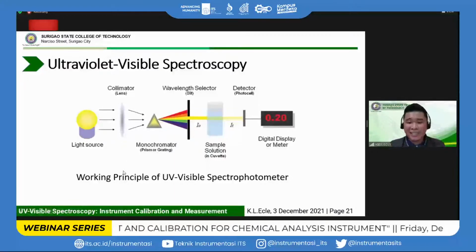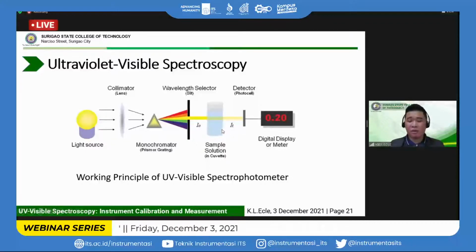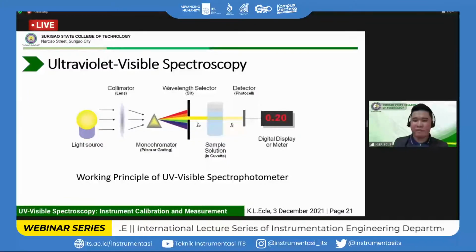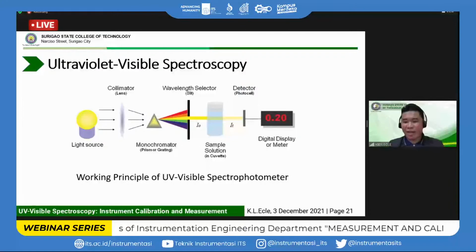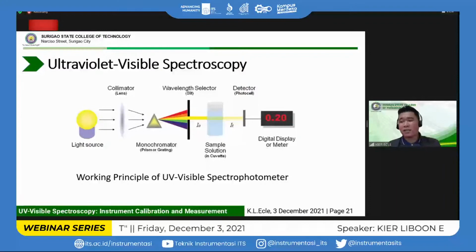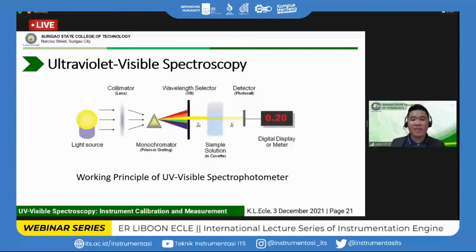The I sub 0 is greater than your I sub T, or your transmitted radiant power. If your incident radiation power is 100%, you cannot expect that the transmitted radiant power can also have 100%. No, because the sample solution could absorb some of the light that passes through the cuvette.